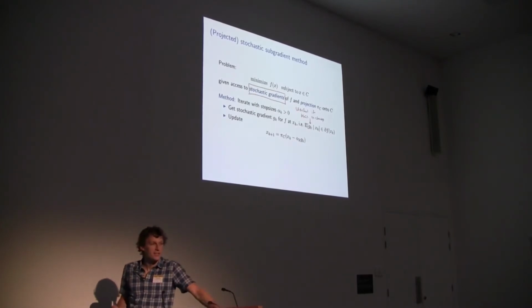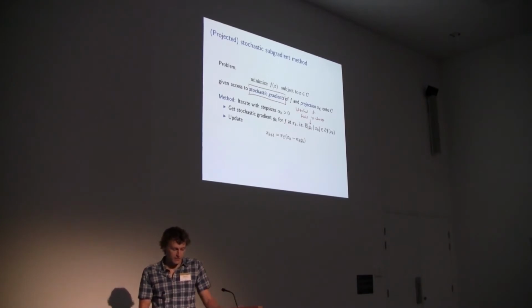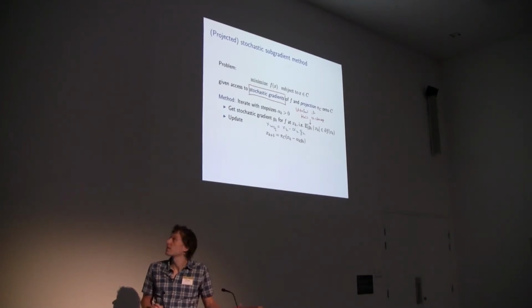All right, and the iteration here is exactly the same as the iteration of the subgradient method. Basically, with one little tweak, you say x_{k+1/2} is equal to x_k minus the step size you're using times your stochastic subgradient.